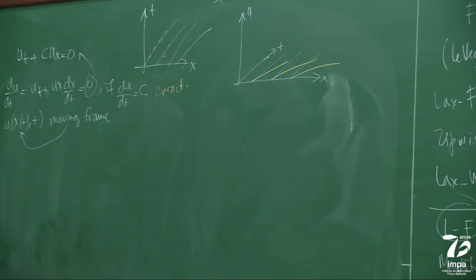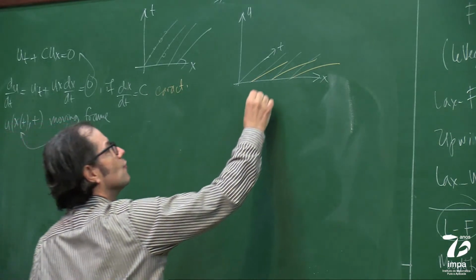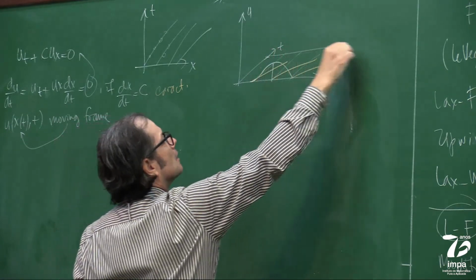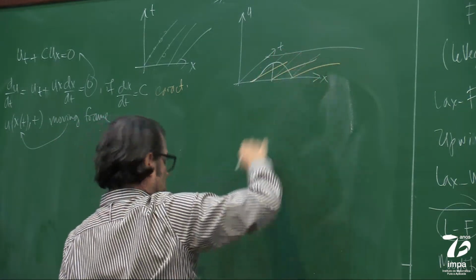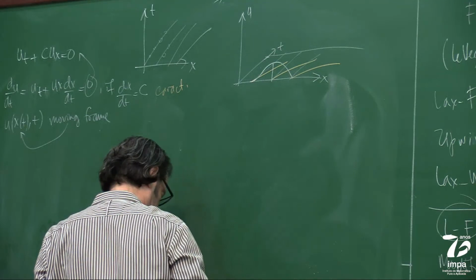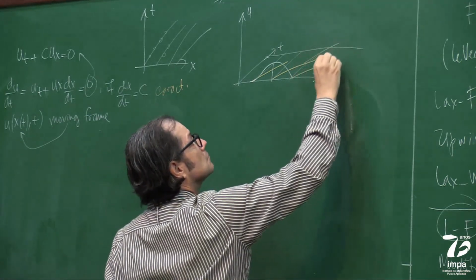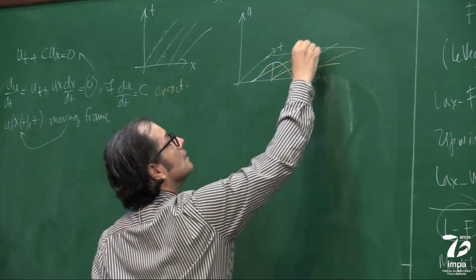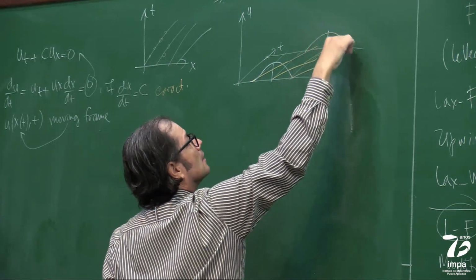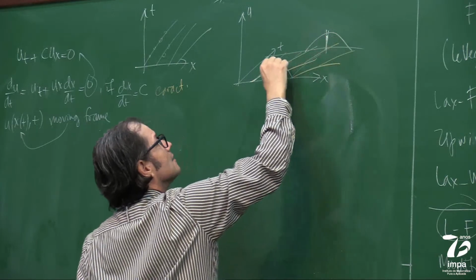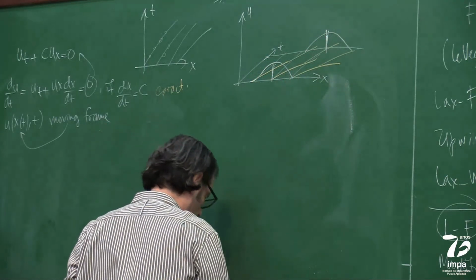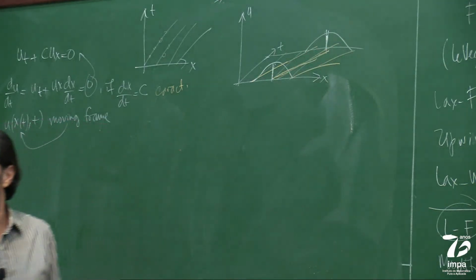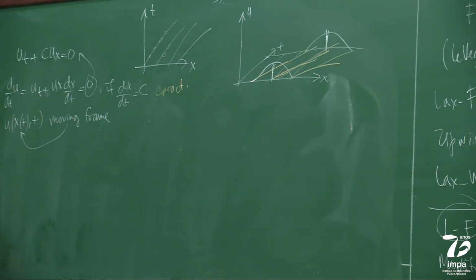I know that my solution, so if I have a wave here like this, later on in time it will be the same thing, because this guy does not change along this curve of constant slope. This is what this is saying.